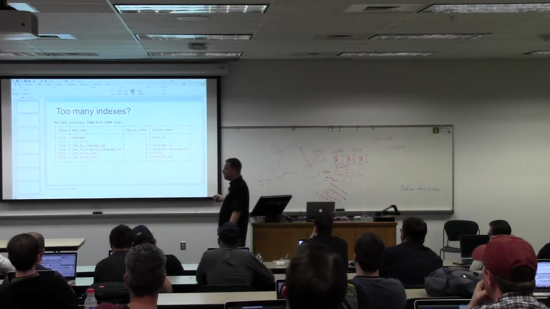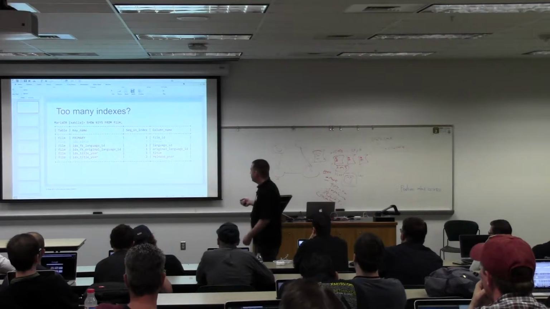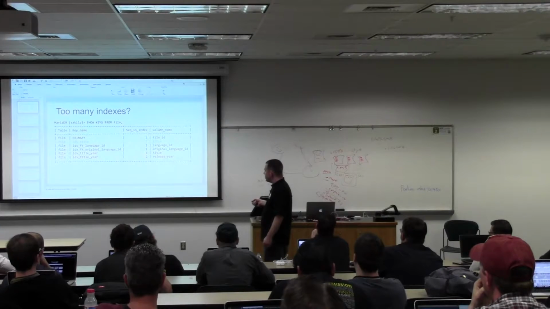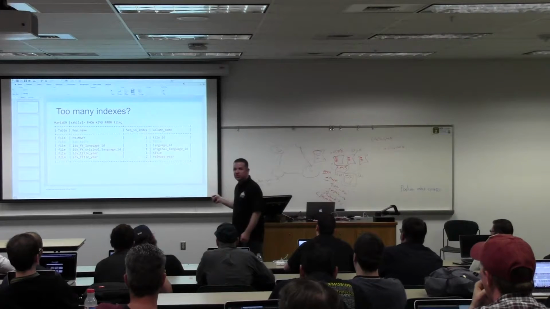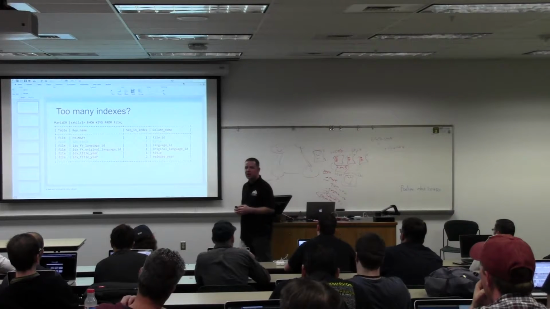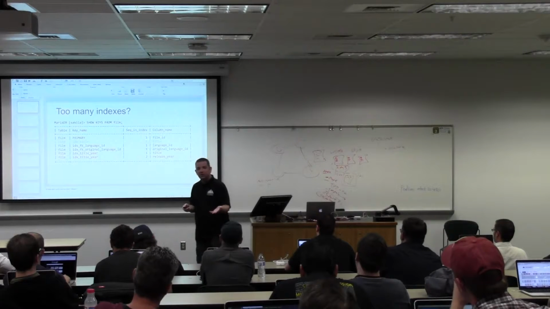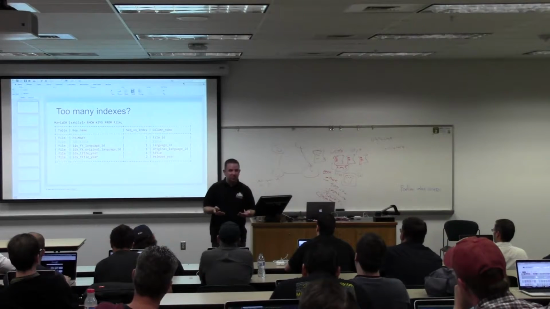But up here we have an index on title. What's the problem here? We have two indexes that give us the same thing, because if we know the title, we can use this second index. So we don't need that first index anymore. We don't need an index just on title because we can use that other index. Now why is that bad? Because whenever you write to the table, it has to update all the indexes.